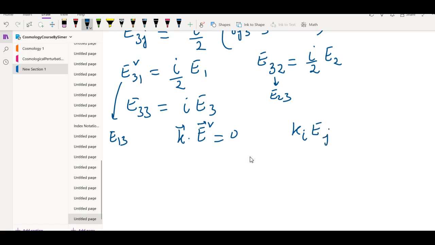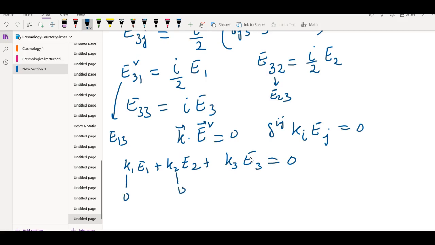Basically it says K1 E1 plus K2 E2 plus K3 E3 is equal to 0. Since K1 is 0, K2 is 0, K3 E3 equal to 0 means E3 is equal to 0.